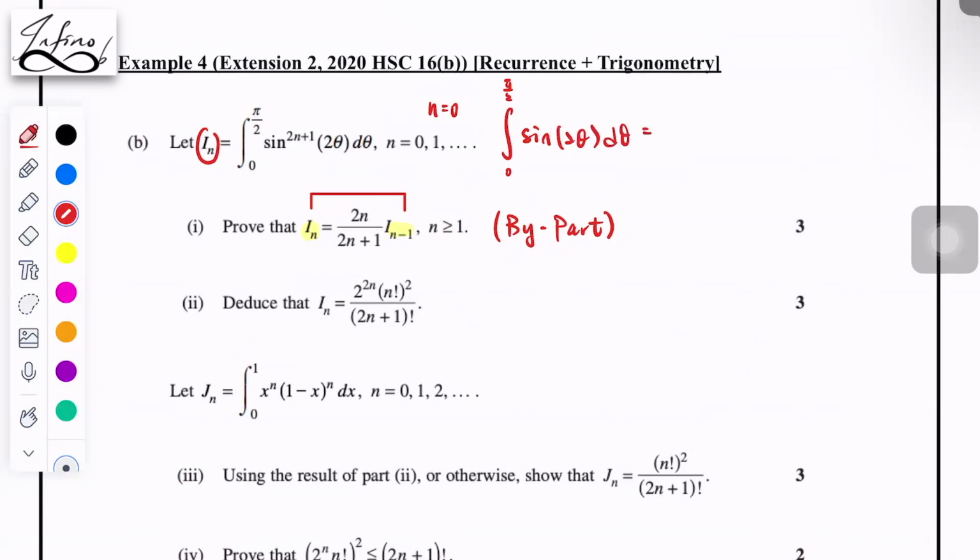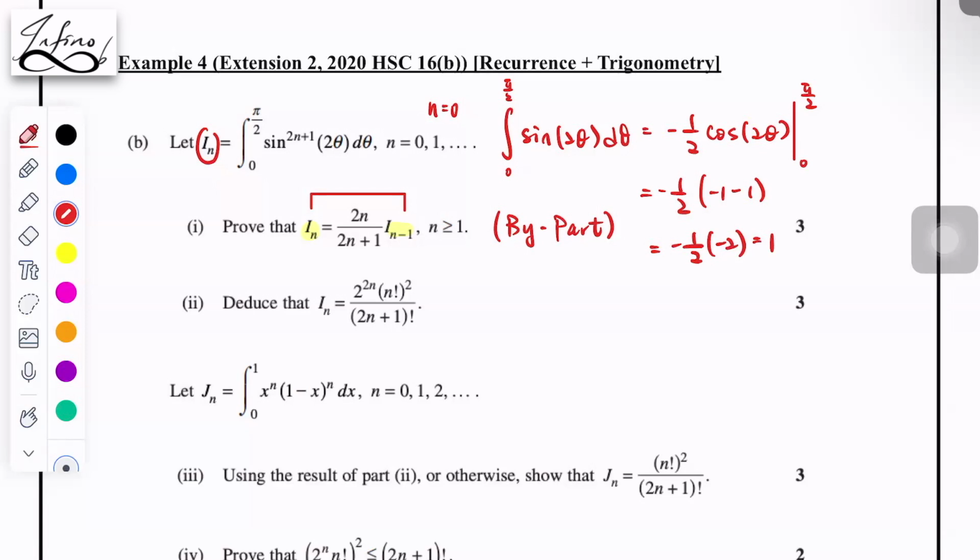So this will be negative 1/2 cosine 2 theta, substituting from 0 to pi over 2. That is negative 1/2 times cosine pi, which is negative 1, minus cosine 0, which is 1. So that is negative 1/2 times negative 2, which is positive 1.